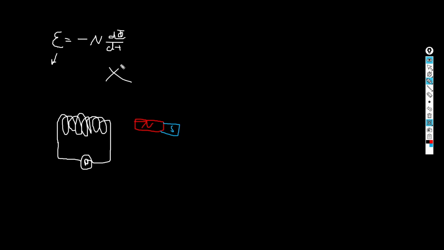No, you wouldn't. Delta phi, by the way, is the change in magnetic flux. But if you start moving the magnet, then you would get a voltage, because the magnetic flux would be changing, right?